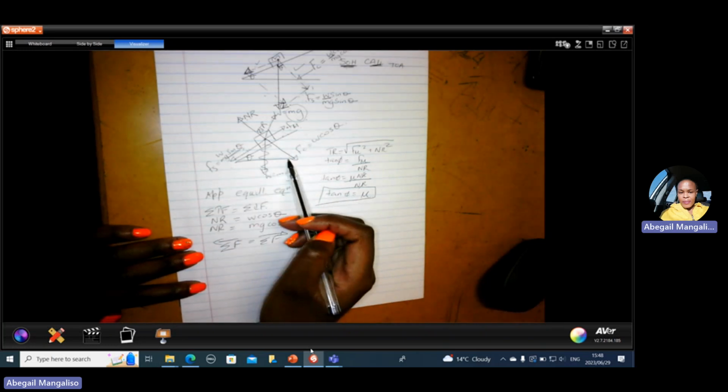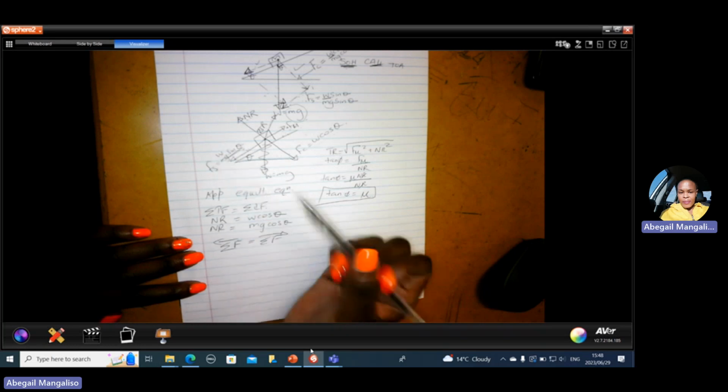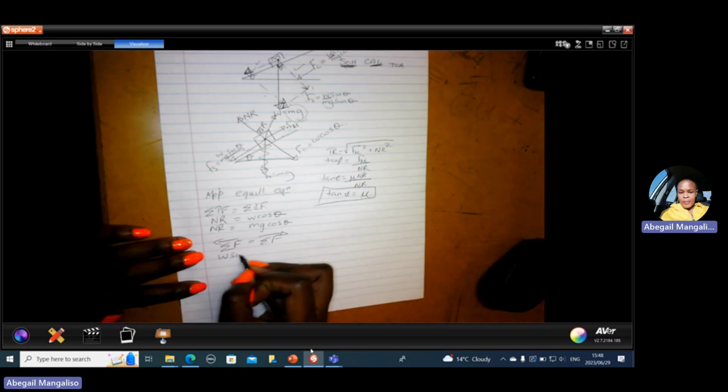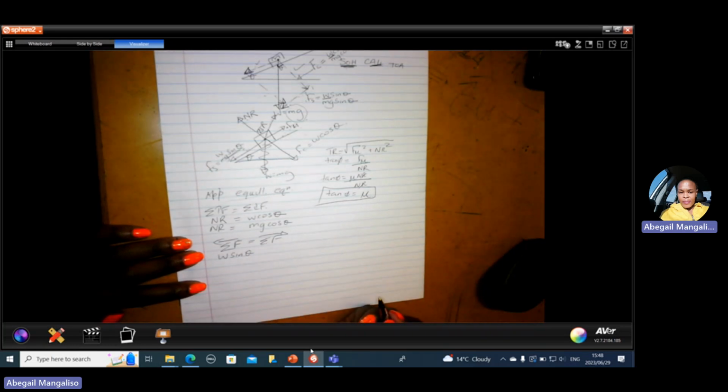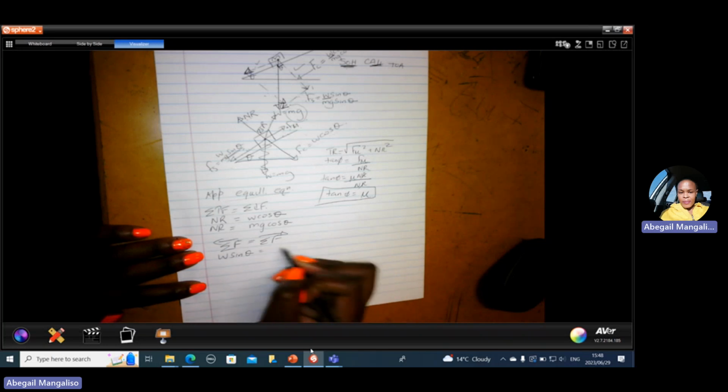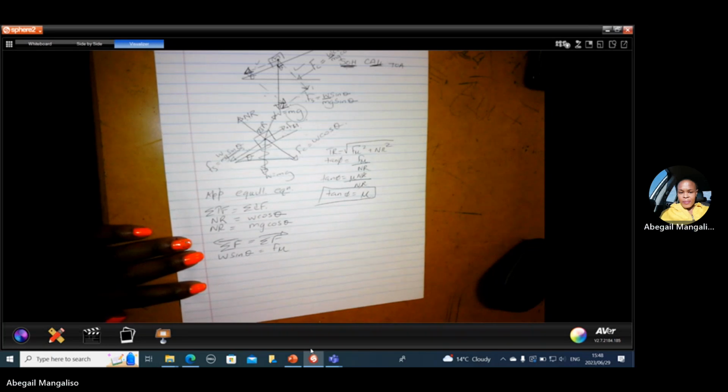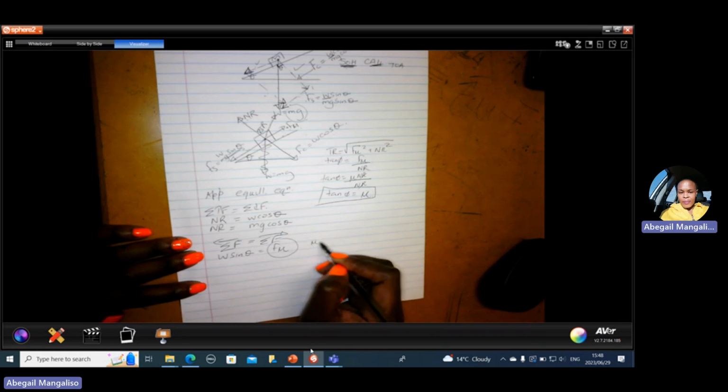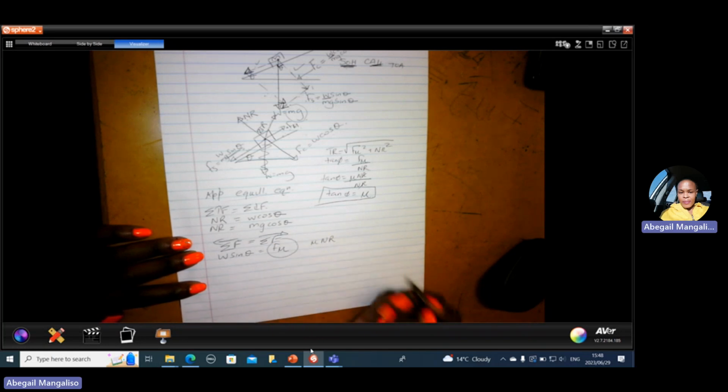Looking at this diagram, the force to the left is W sine of theta, or mg sine of theta, and the force to the right will be the frictional force. The frictional force is given by mu multiplied by normal force.